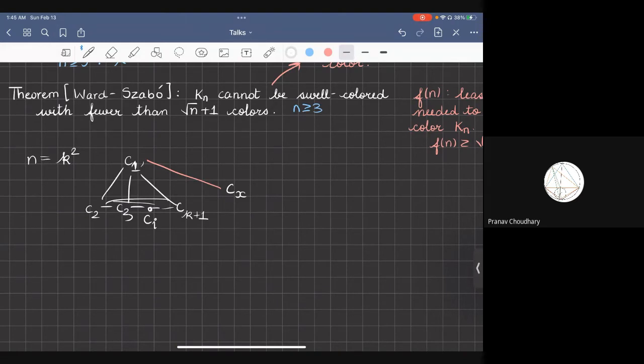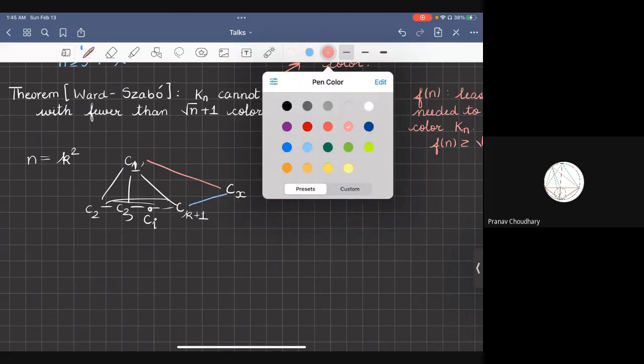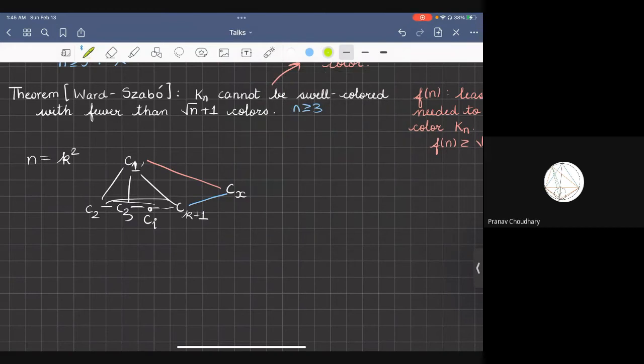If C(k+1) CX is blue, then CK CX cannot be blue, because in triangle CK CX C(k+1) you would have two colors. So this must be a new color.